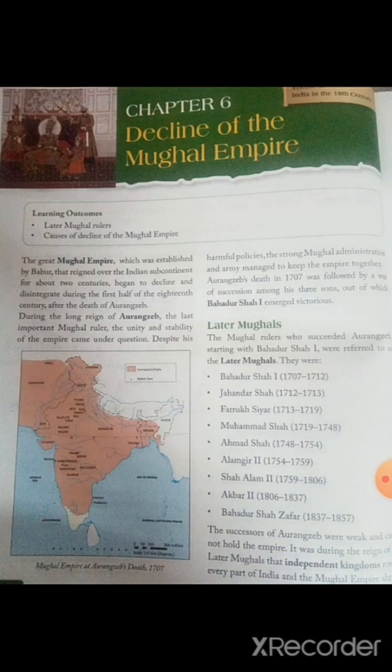The great Mughal Empire, which was established by Babur, reigned over the Indian subcontinent for about 2 centuries, and began to decline and disintegrate during the first half of the 18th century after the death of Aurangzeb. So what is given? The great Mughal Empire, which was established by Babur, reigned over the Indian subcontinent for about 2 centuries.